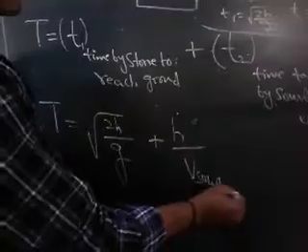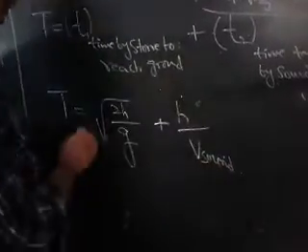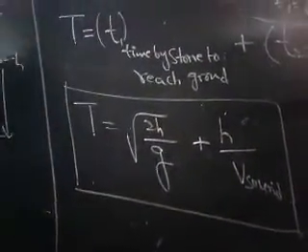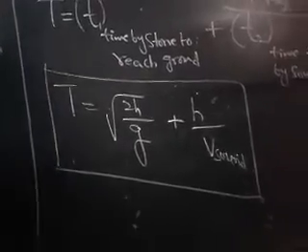Therefore t2 is h by v. So this is the total time taken to hear the flash sound.